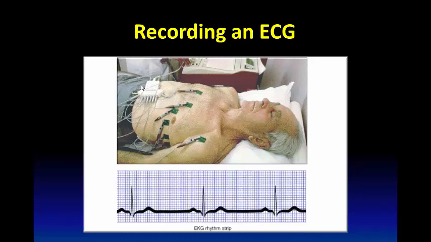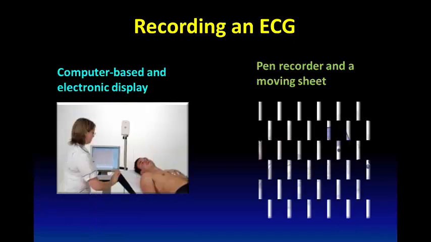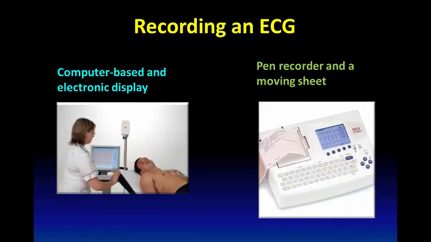They will be displayed on the ECG paper as the paper comes out of the machine, or displayed on the monitor or on the computer. So this is what we do when we record an ECG.